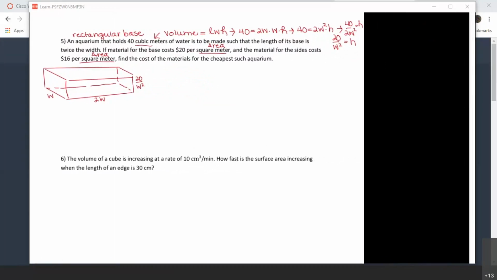Now, I need some feedback from you. What are we trying to find? Are we trying to find a volume? Are we trying to find an area? Are we trying to find a cost?